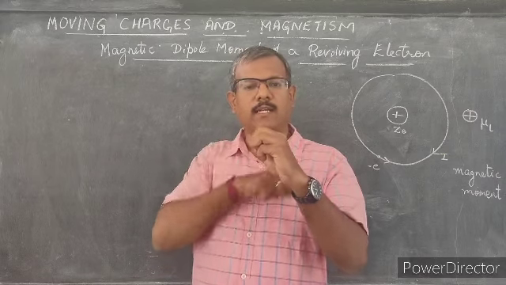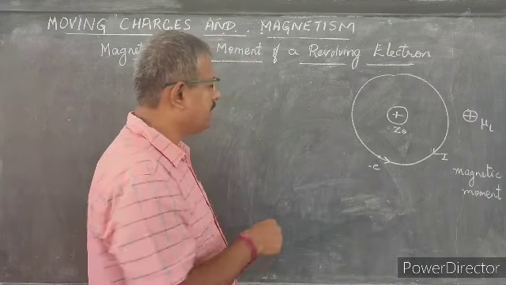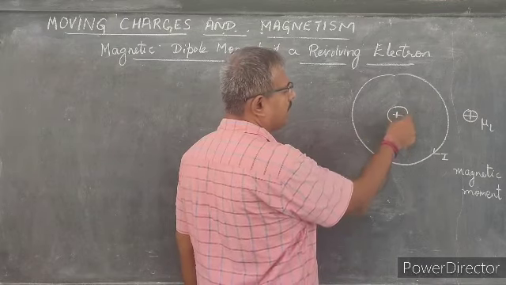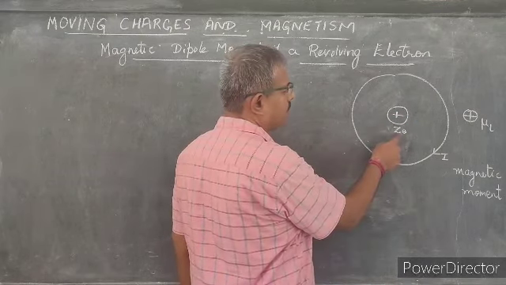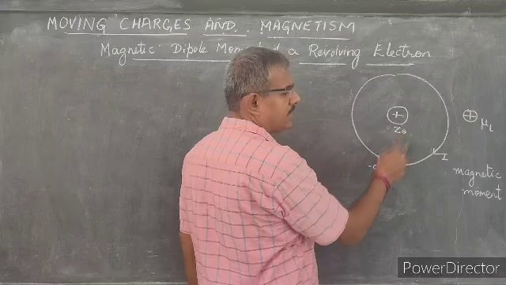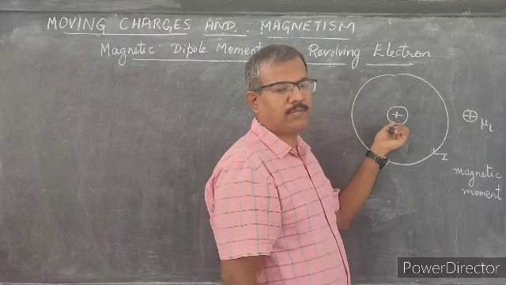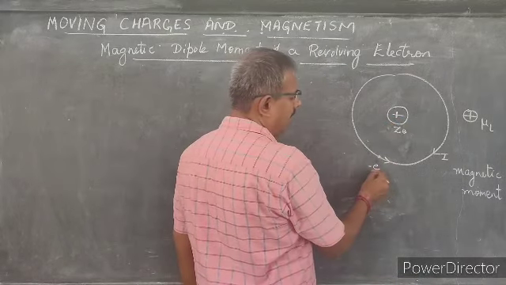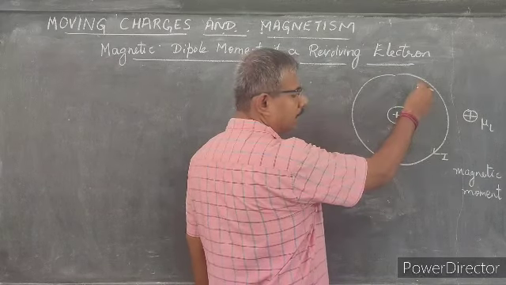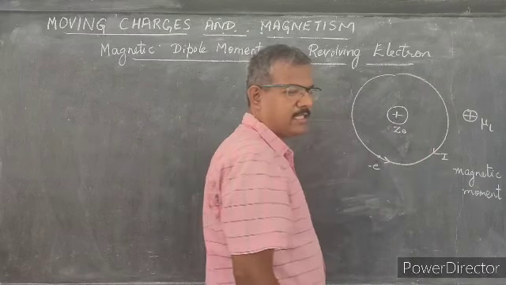So current is flowing in a clockwise direction in this loop. So I consider my hydrogen atom with a positive nucleus of charge plus e, because e is the charge carried either by an electron or a proton, just positive in nature. And I have one negatively charged electron going in the anti-clockwise direction, which means by convention it's generating a current I in the clockwise direction.